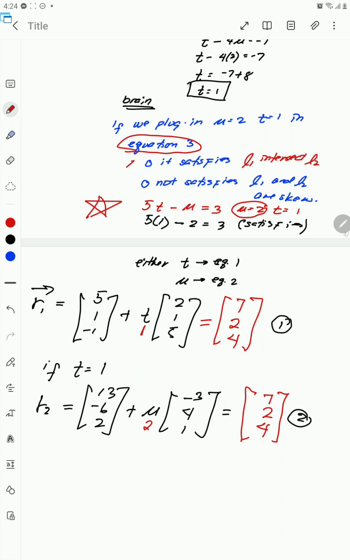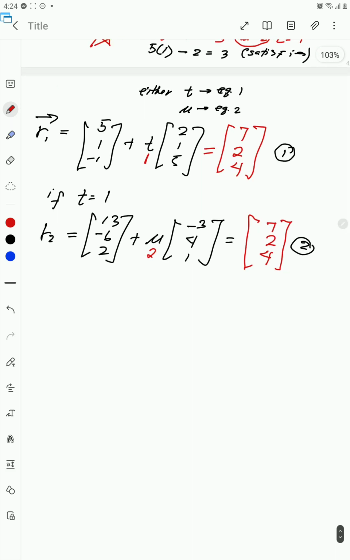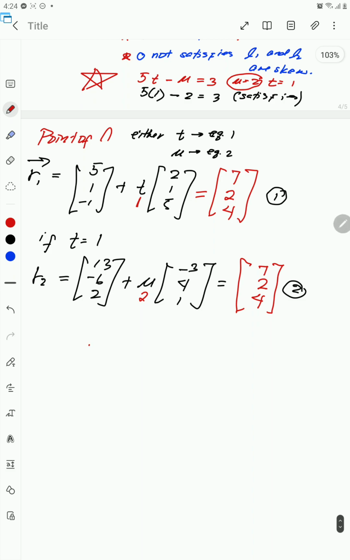If it satisfies, then they intersect. If there is none, then they do not intersect. For you to find the point of intersection, you need to use either equation 1 or equation 2, and then you plug in the parameter. When I say parameter, it is the letter that is being used to define the line, the t and the mu. So that's what I mean by parameter.